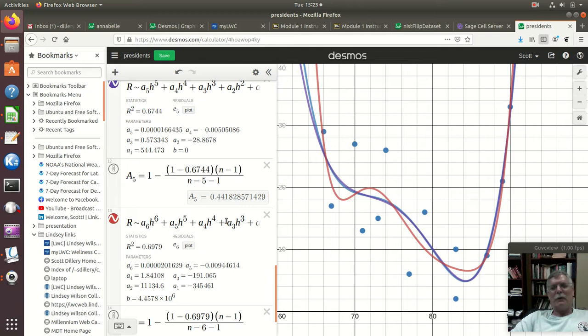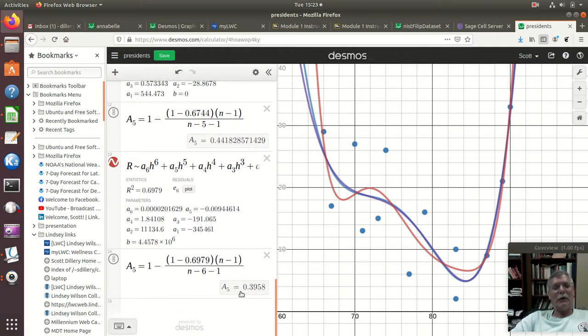Typically, as you add columns, the R squared will go up. And that's, again, a reason why you want to use adjusted R squared. So it went up a bit, not a lot, but went up to almost 70%. But notice the adjusted R squared dropped even further down to about 0.395 or about 40%.